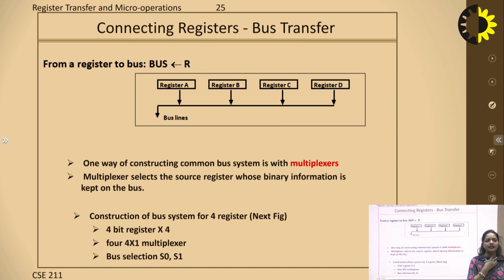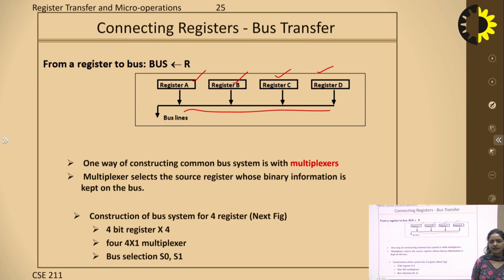As we see in this diagram, if the content of register R needs to be transferred to some bus, how are these devices connected? Like we have registers A, B, C and D, and they are all connected with the common bus. One way of constructing a common bus system is with the help of a multiplexer.